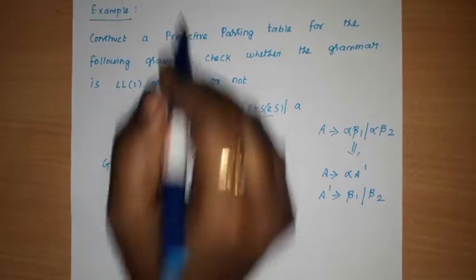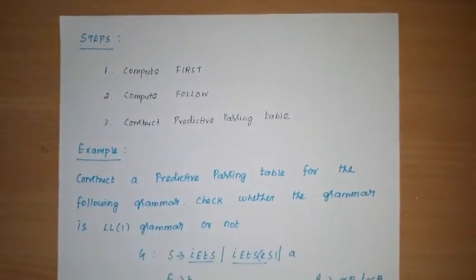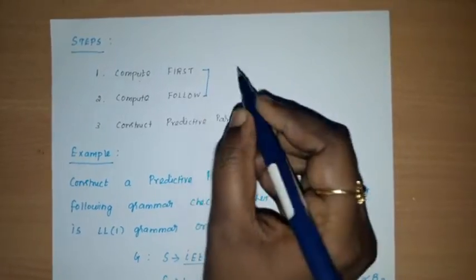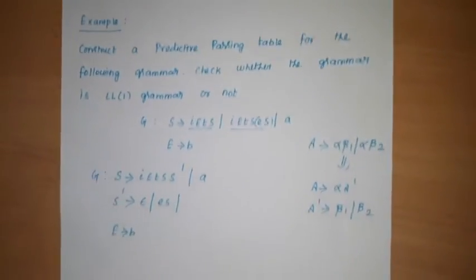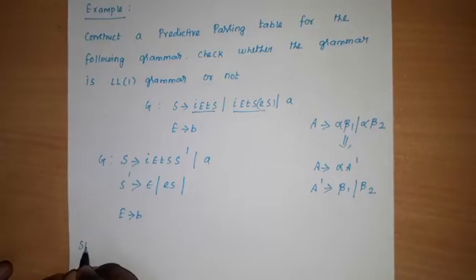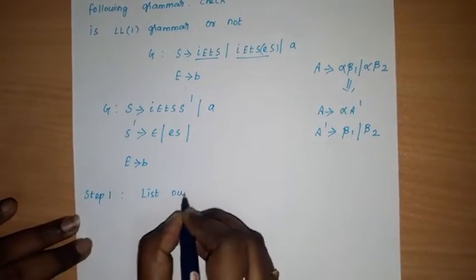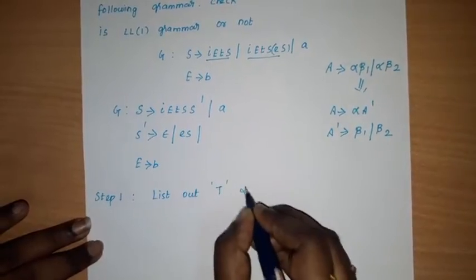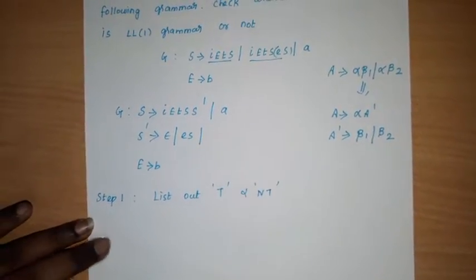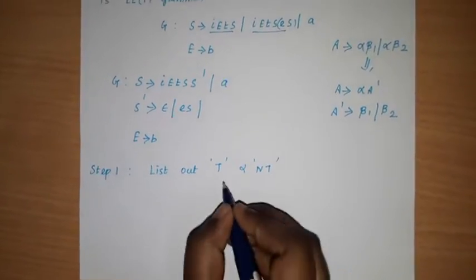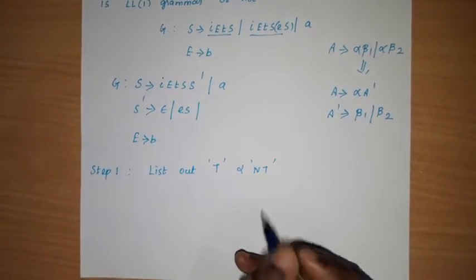Now we are going to compute first and follow. Before computing first and follow values, we have to list out the terminals and non-terminals. So step 1 is to list out terminals and non-terminals. Now I am going to give a short introduction about what is a terminal and what is a non-terminal.